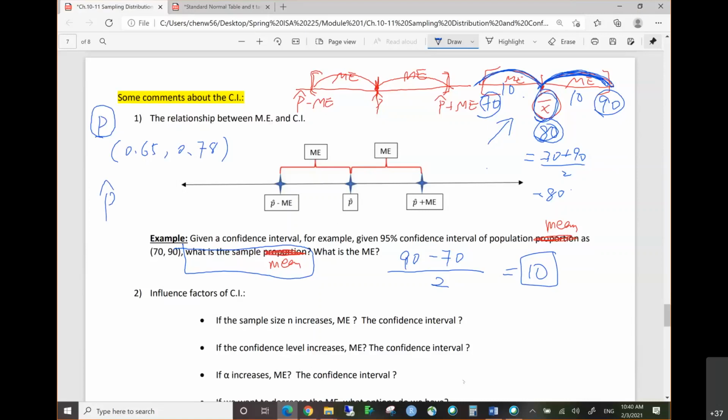Phoebe, what will be the sample proportion? Phoebe? Yeah, I'm not 100% sure. Try it.